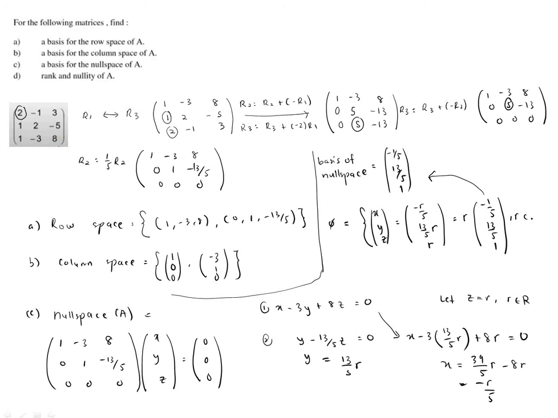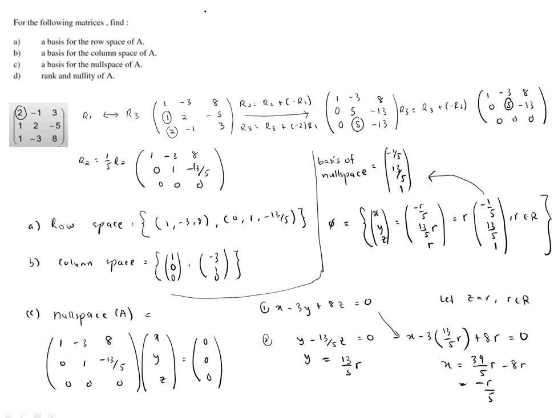And R is real number. Okay, kalau basis, kita ambil dia punya nombor saja. So, negative 1 over 5, 13 over 5, 1. Tapi kalau macam ni, kita boleh letaklah X, Y, Z. If you want to write down the null space, so this one is with R, this one is when we factorize R, and R is real number.